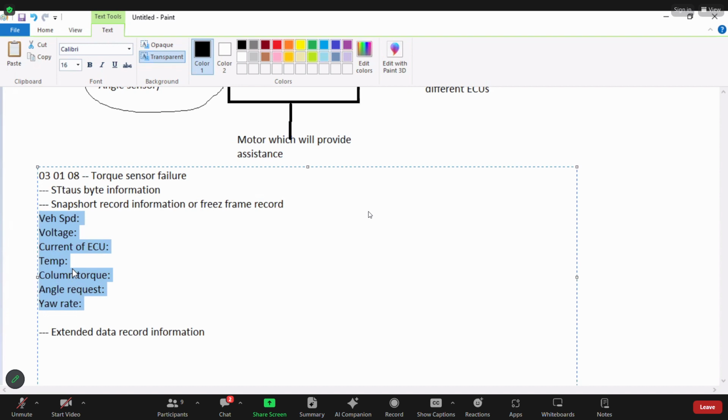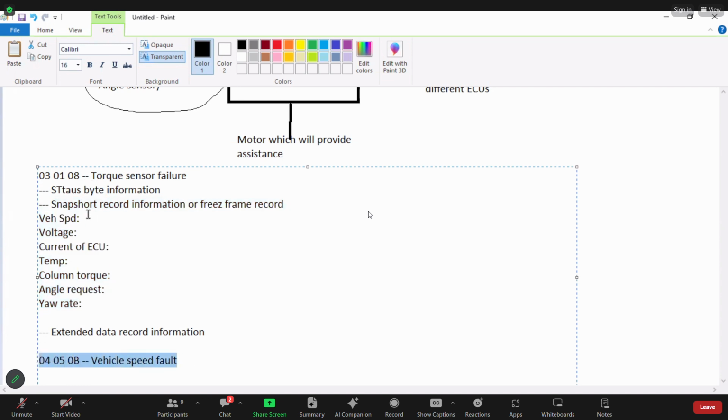Understood? So using the 19 service request, we can read this snapshot record data. Using the 19 service, if you want to read the snapshot record, you can do that. Whatever the DTC, let's say we took the example of these two DTCs being stored. The same snapshot record or an additional snapshot record will be stored for this DTC also.